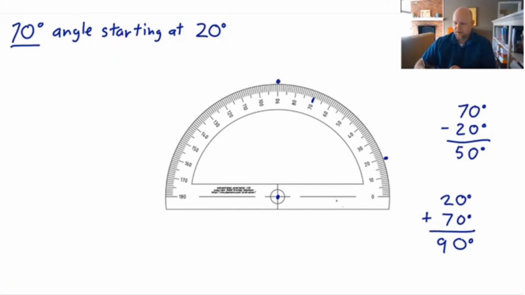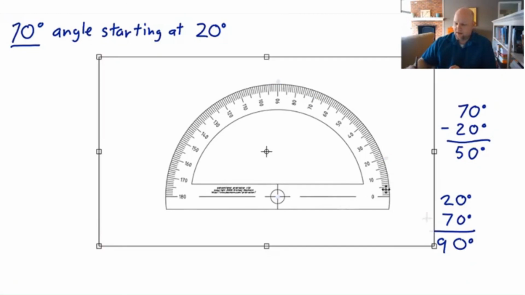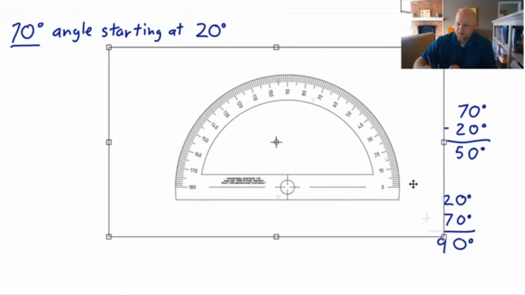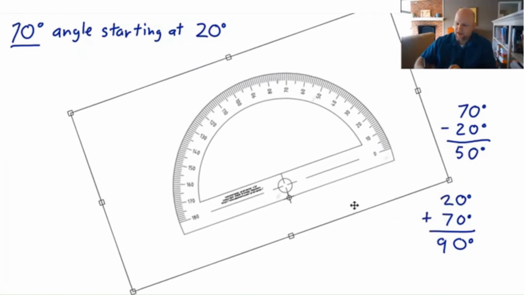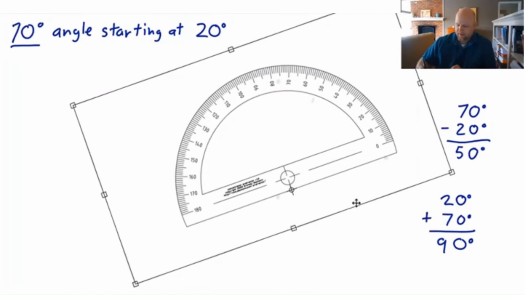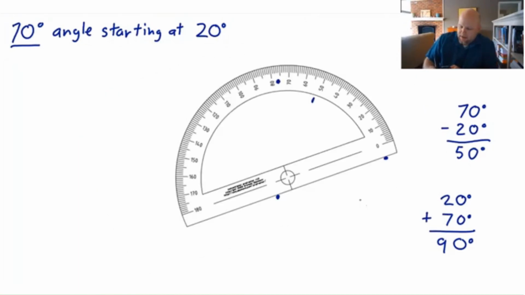Then we're going to move our protractor so that we can line it up and use it as a straight edge. Just like that. And there's one ray.